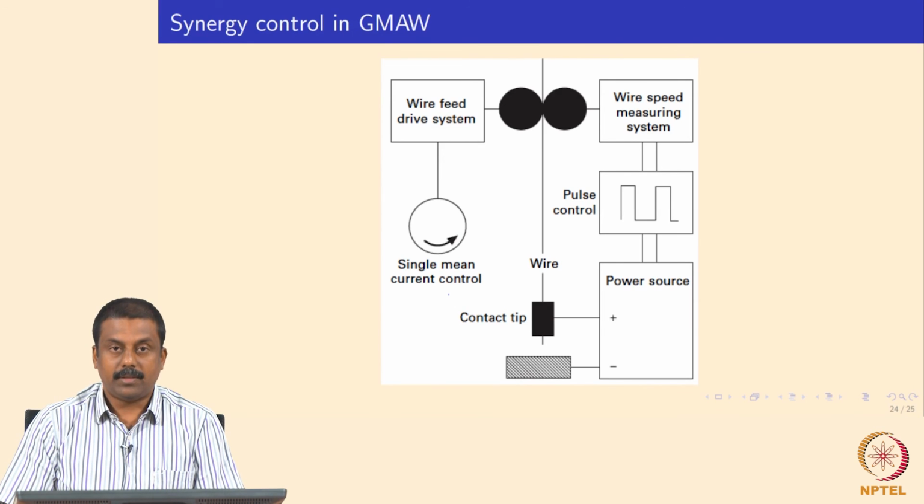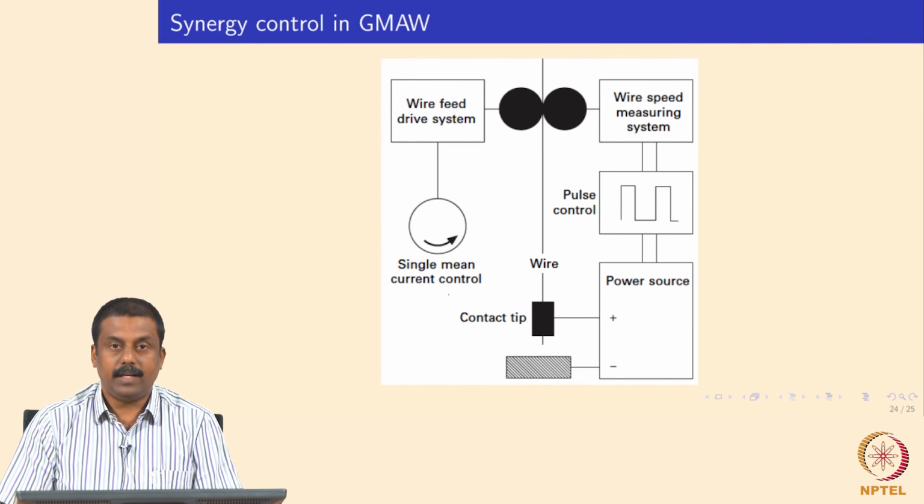We can calculate this from the melting rate, and by varying the wire feed rate and the current, we may also control the short circuiting event. Subsequently, when short circuiting happens, we may independently increase the current in such a way that we form a pinch neck of the droplet, and then once a known amount of current is given, we can retract it and attach the droplet to the workpiece, and subsequently the cycle is continued.